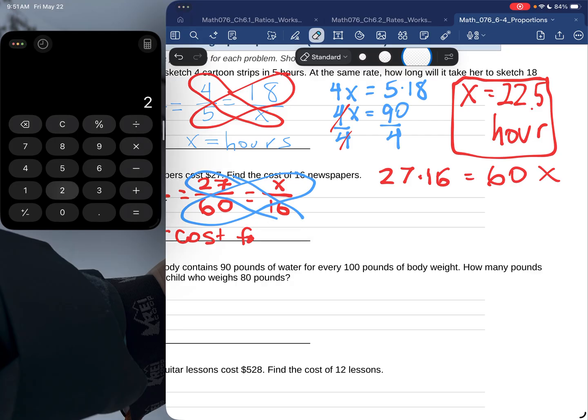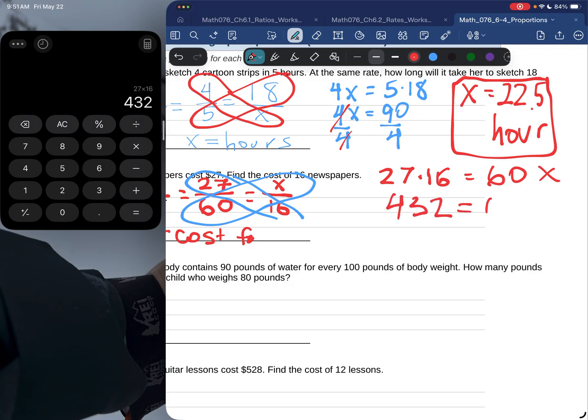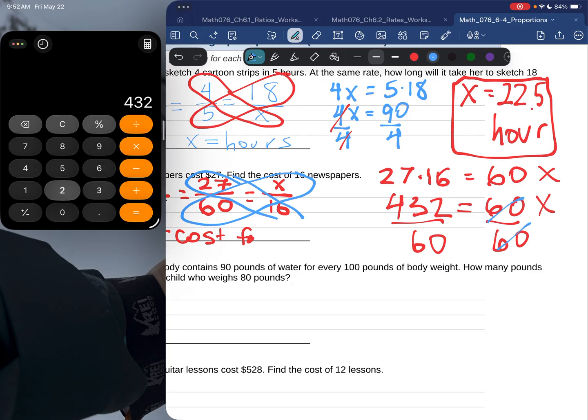Okay, 27 times 16 equals 432 equals 60x, and then I'm going to divide both sides by 60. My 60s cancel. 432 divided by 60 gives me 7.2. 7.2 is my cost for the 16 newspapers.